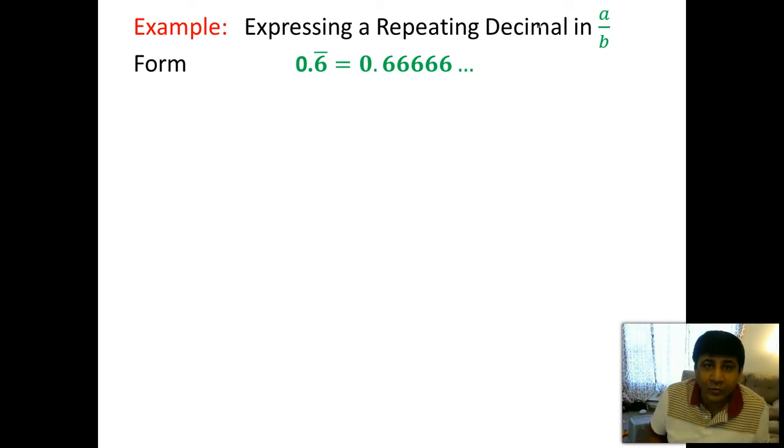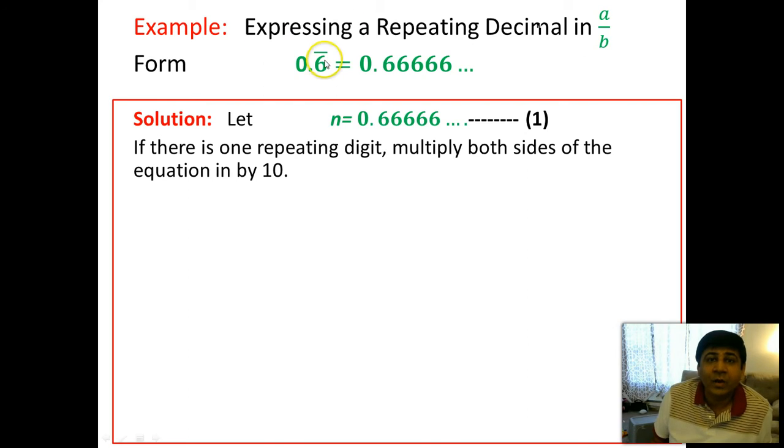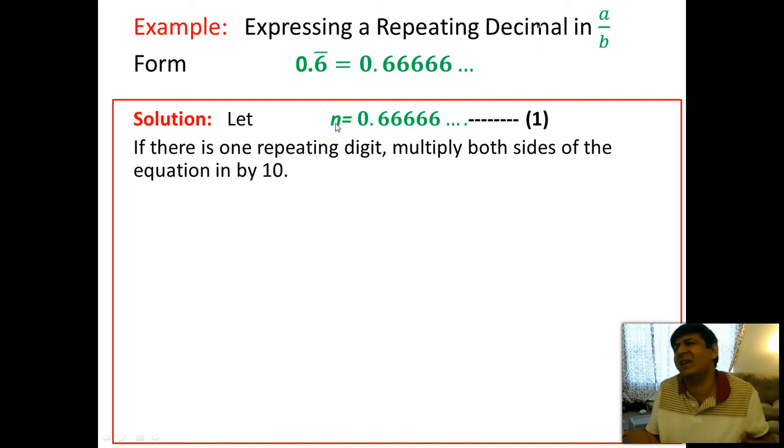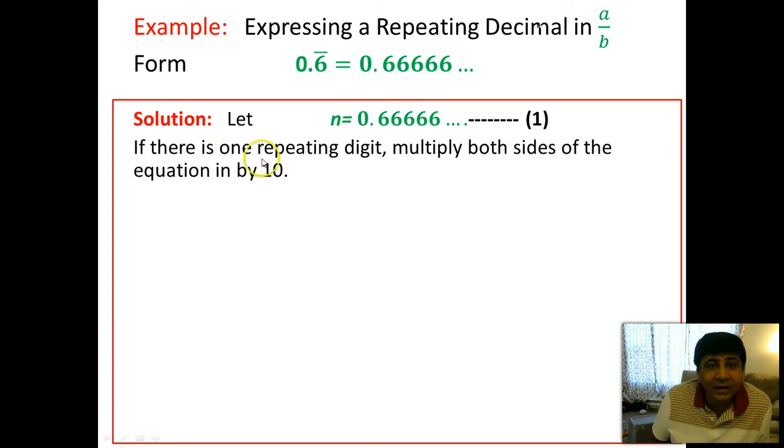To do that, we will call the given number, which is 0.666666 and so on, n, or x or whatever you want. Now if there is one repeating digit, as this one here, 66666, multiply both sides of this equation by 10.